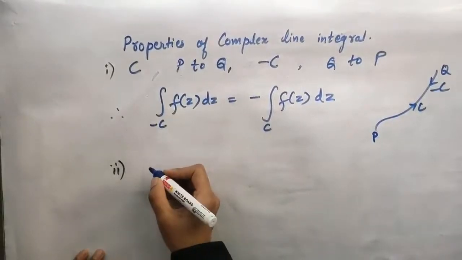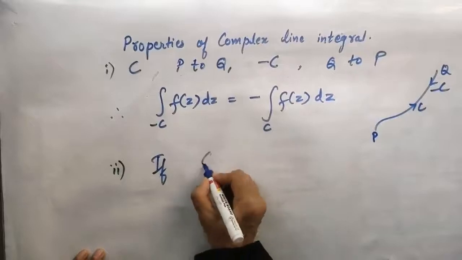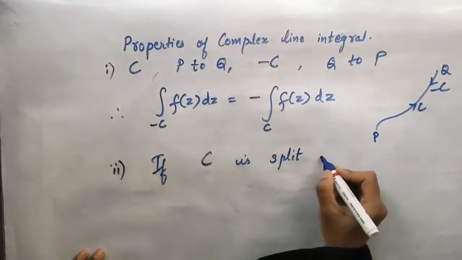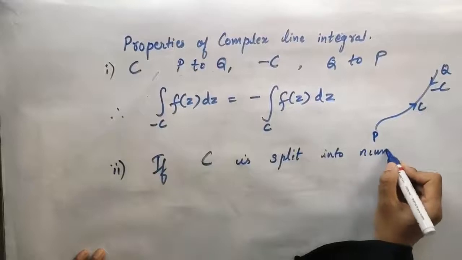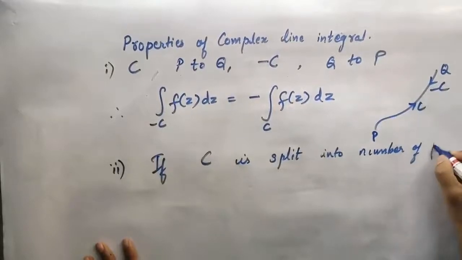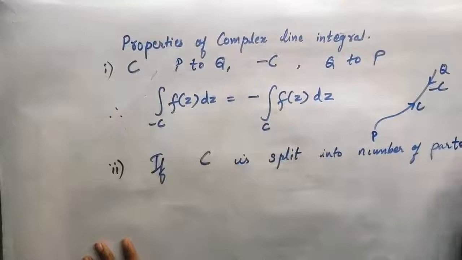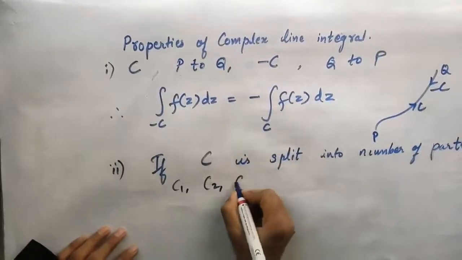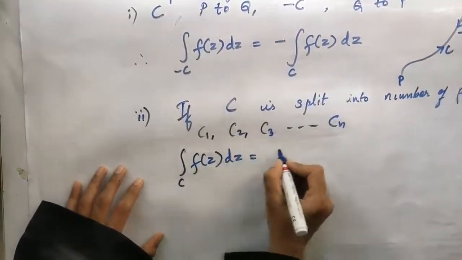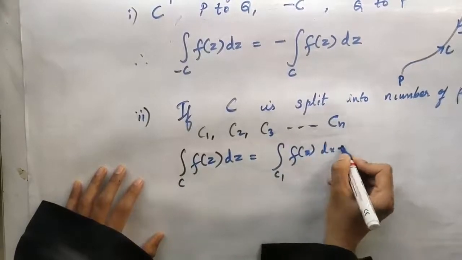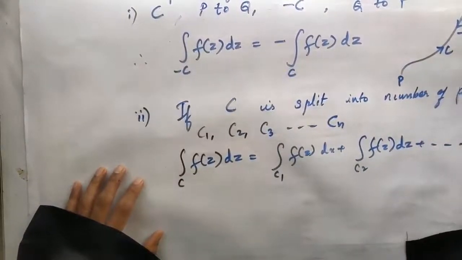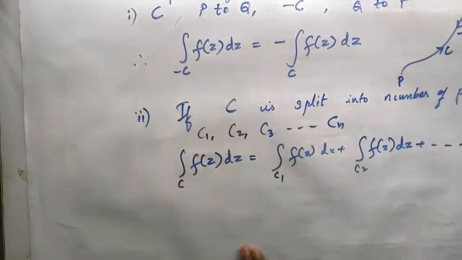Then if C is split into a number of parts, say C1, C2, C3, and so on up till Cn, then integration over the curve C f of z dz will be integration over C1 f of z dz plus integration over C2 f of z dz plus and so on plus integration over Cn f of z dz. I hope this is clear to you.